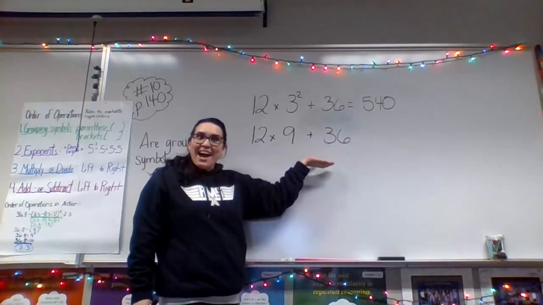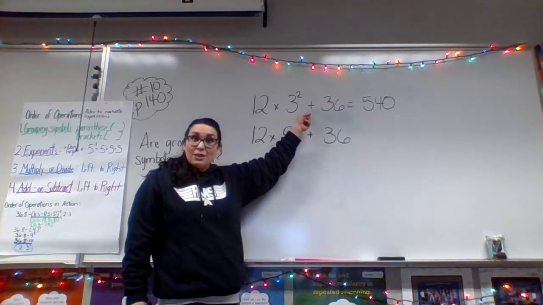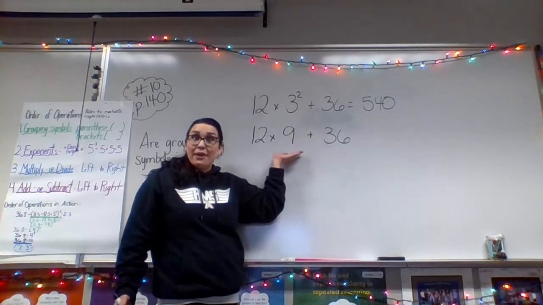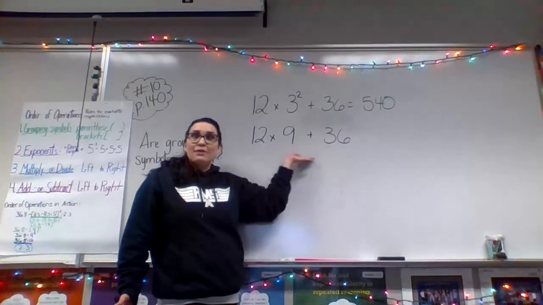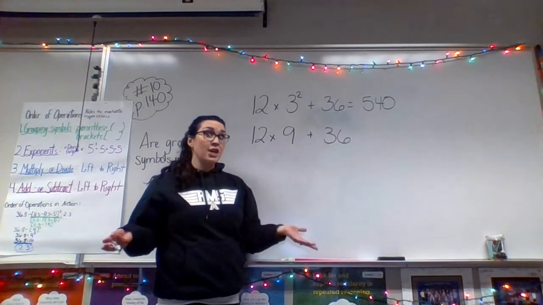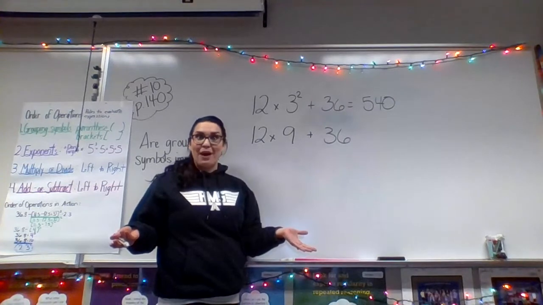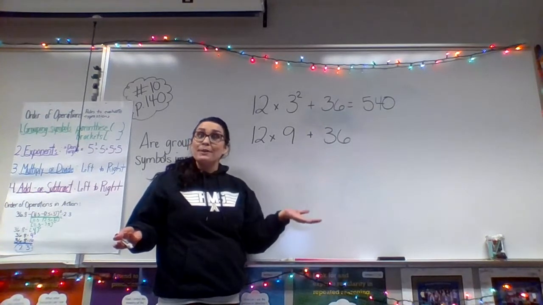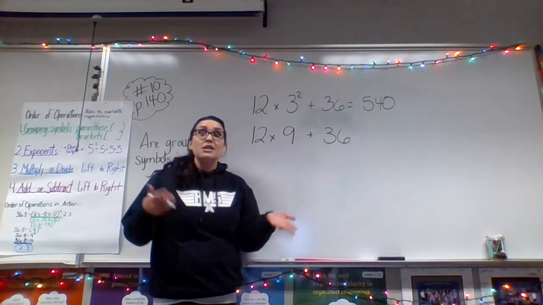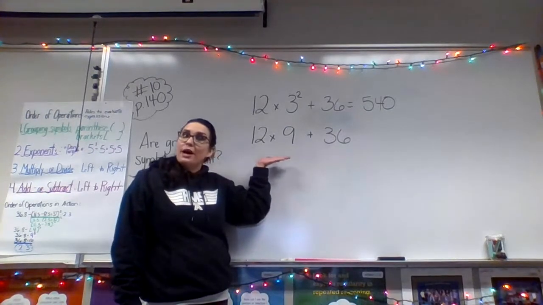So now I just replaced 3 squared, or 3 to the second power, with the actual value, which we know is 9. So now we have 12 times 9 plus 36. Based on our rules for the order of operations, when I have multiplication or division, that comes before I can add or subtract. So what's 12 times 9?